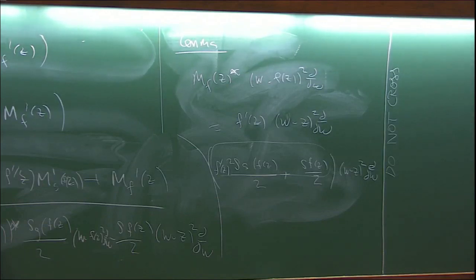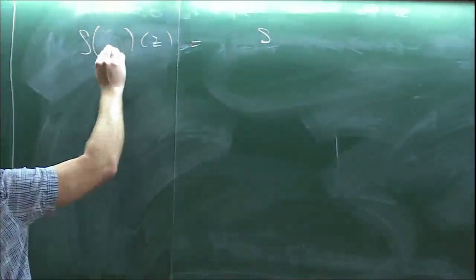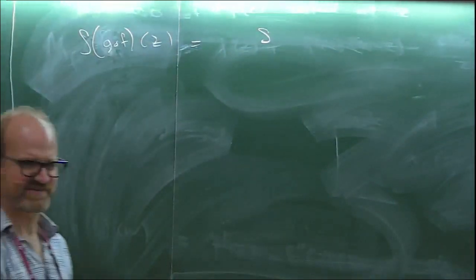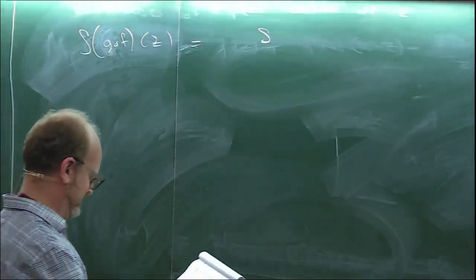So the conclusion is that we get the Schwarzian of f of g at z. I keep switching these around. I don't know why I put g first, because it's obviously second in the alphabet, and that is really not a good choice on my part.